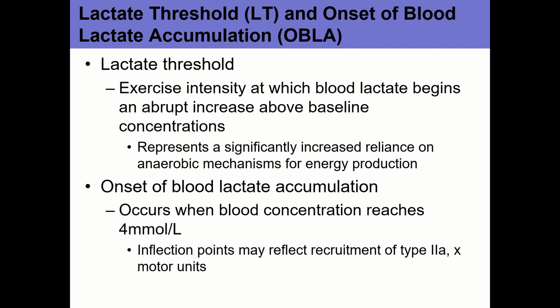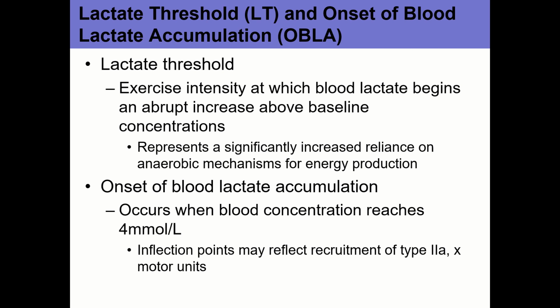So it's related to what we were just talking about for the last several minutes. So we're seeing an increase in blood lactate because of the intensity of the exercise, because it's higher than our ability to deliver oxygen to the working muscle cells.